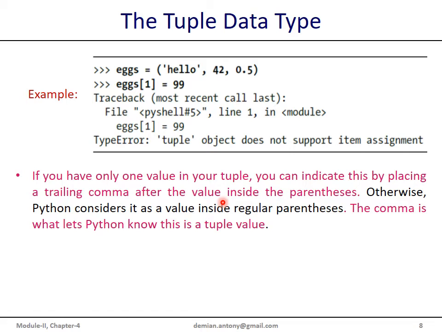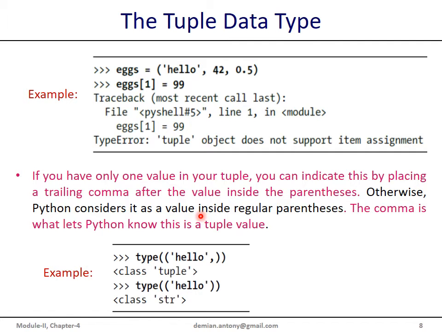If you don't use a trailing comma, then whatever expression is found within the parenthesis is considered a regular expression within parenthesis, and that expression will not be treated as a tuple, because there is no difference between an expression and the tuple if you don't put a trailing comma.